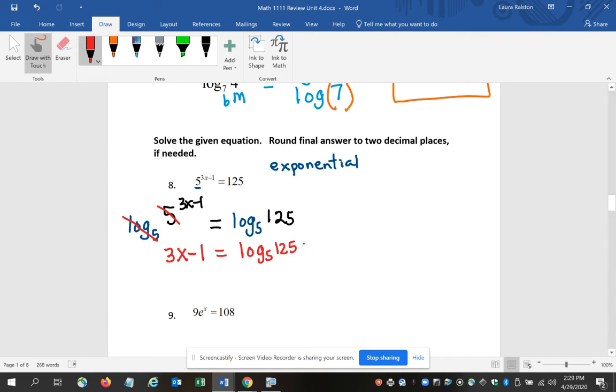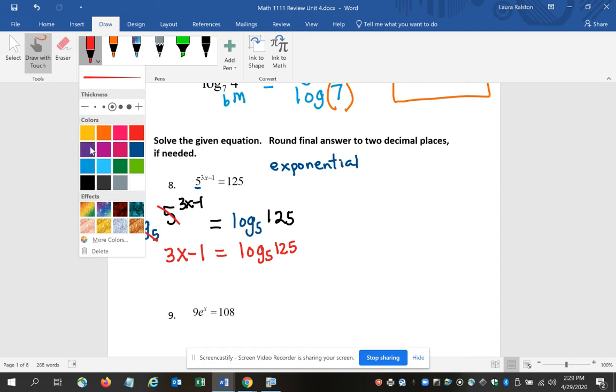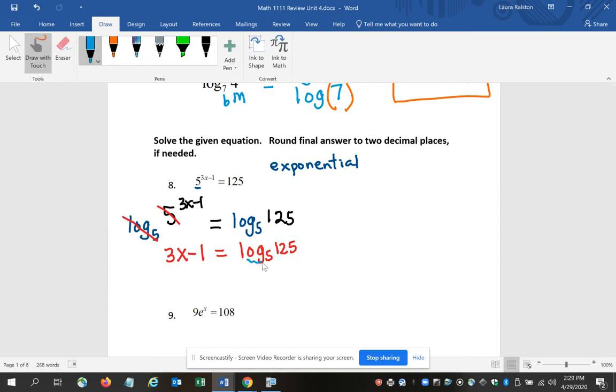I think I'm familiar enough with log base 5 of 125, so I'm going to go out and see if that gives me a nice neat number or if I'm going to have to deal with decimals. But to do that, I need to take this value, log base 5 of 125, and do change of base. So I would have the log of 125 divided by the log of 5.